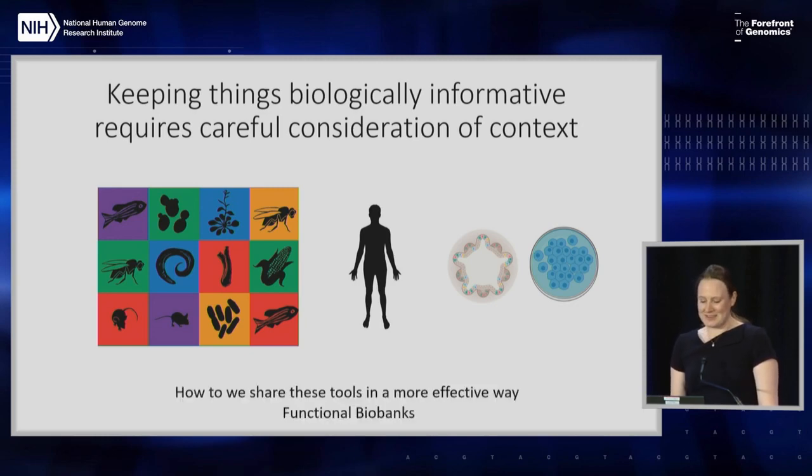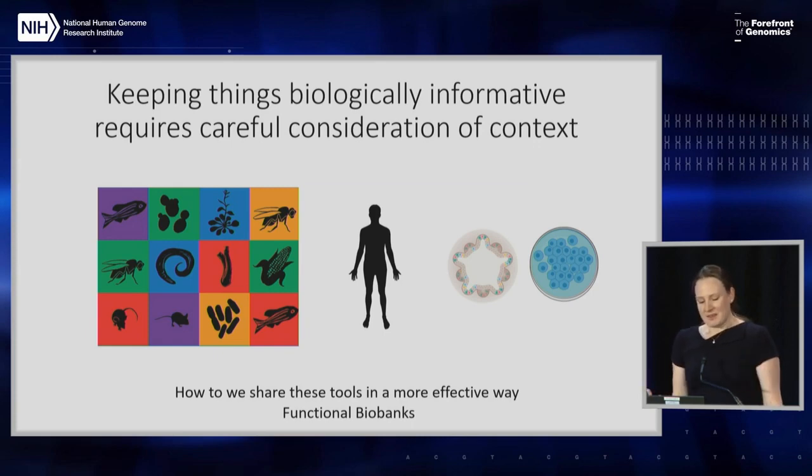And this is really a challenge. So how do we share all of these tools more effectively? Not only the tools to manipulate genomes, but functional biobanks of model organisms with regions that we can manipulate, biobanks of cell lines, IPS lines, both natural variation and synthetic variation.